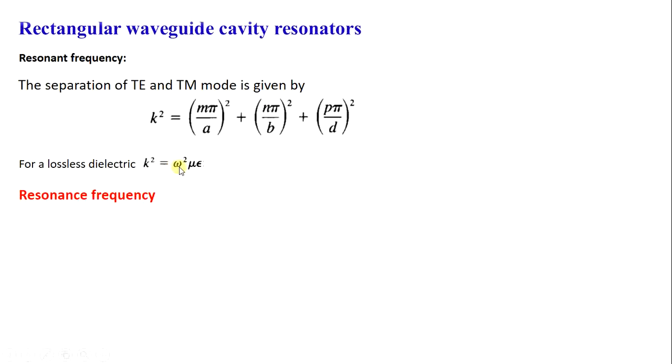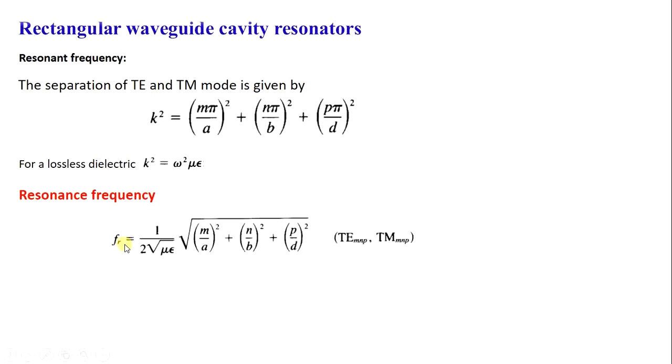Putting the value of k squared as omega squared mu epsilon, and putting omega equal to 2 pi fr, we get fr equal to 1 upon 2 under root of mu epsilon, times the square root of (m by A) whole squared plus (n by B) whole squared plus (p by D) whole squared. We know 1 upon under root of mu epsilon is c.